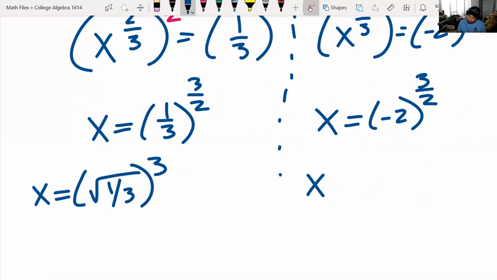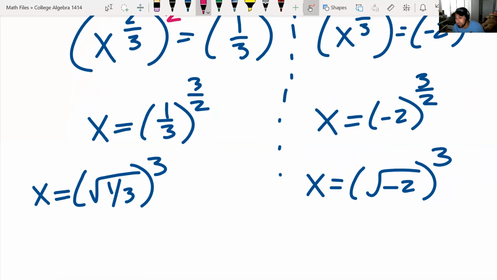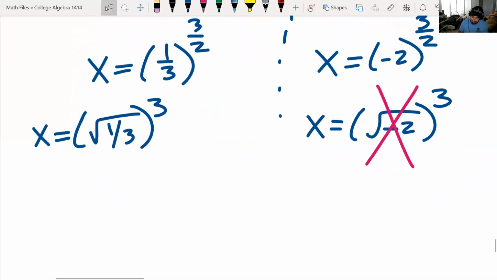And this would be the square root of negative 2 cubed, which means that our work is cut short because can we take the square root of negative 2? No, right? Yeah, we'll leave that alone for now. Let's keep moving.